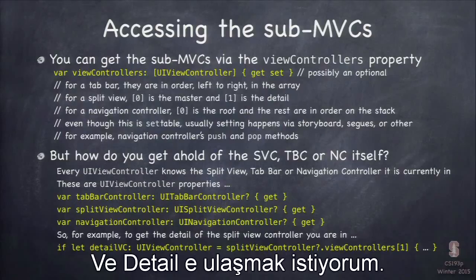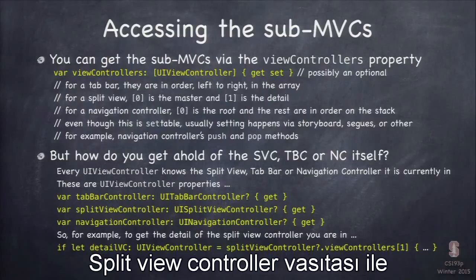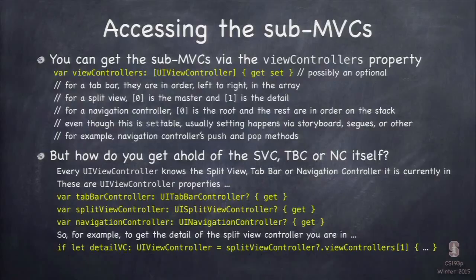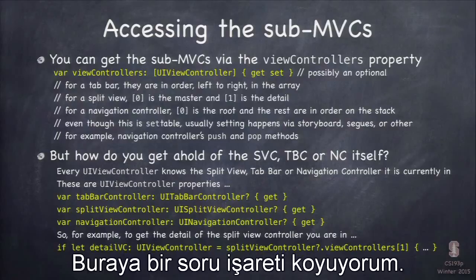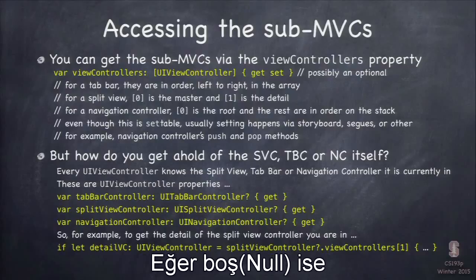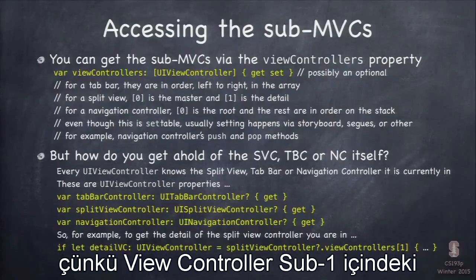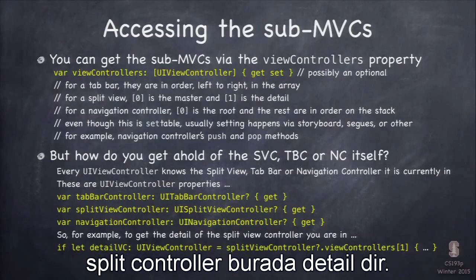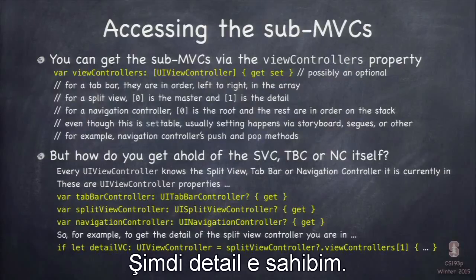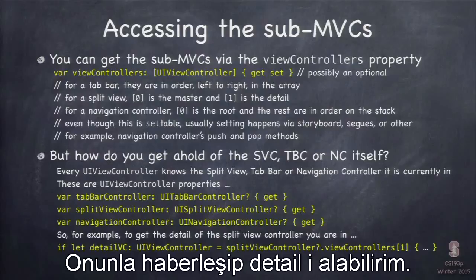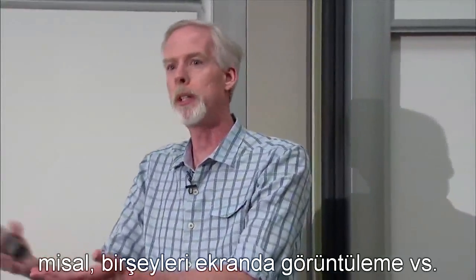So let's just use an example. If I'm the master in a split view and I want to get the detail, well, I can get the split view controller I'm in by saying splitViewController. I'll put the little question mark there. That's optional chaining. If it's nil, then I'm obviously not going to get my detail. And then I'm going to say viewControllers sub 1, because we know that viewControllers sub 1 in a split view controller is the detail. So now I've got the detail. I can talk to it. It's my detail, so presumably I might want to tell it to do things, display things, or whatever.